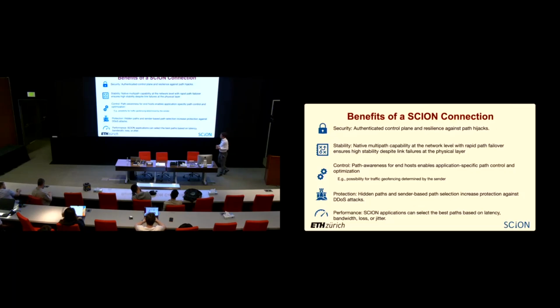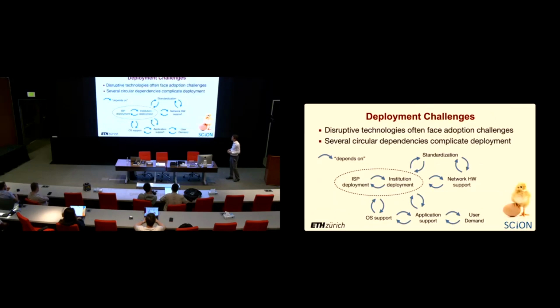And with SCION, you can then achieve this geofencing property and really say this traffic doesn't leave these boundaries. And finally, also performance can improve because of the ability to optimize for different properties, but also the ability to use several paths simultaneously can, in some cases, also provide higher performance.